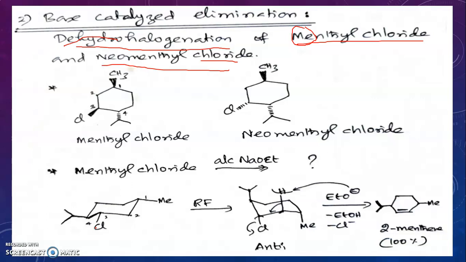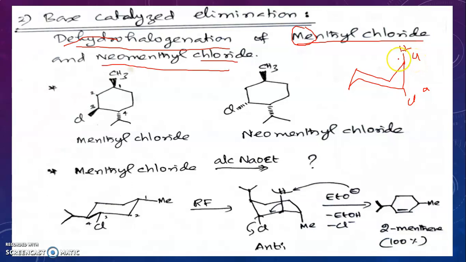Now, this is very, very important. In chair conformation, dehydrohalogenation of a secondary halide prefers to undergo E2 elimination. For E2 elimination, the groups that are going to be eliminated, say hydrogen and chlorine, must be diaxial, because the diaxial orientation will give an anti-periplanar structure.